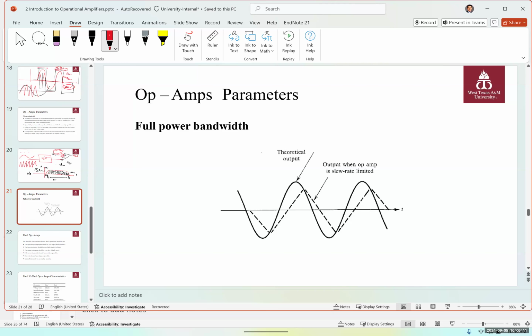MRI is obviously very complicated. You need superconductors, and you have to inject helium, and it's a very complicated device. But an EKG device, for example, which is technically a type of oscilloscope, is like $1,000, and you can buy an oscilloscope for $50.